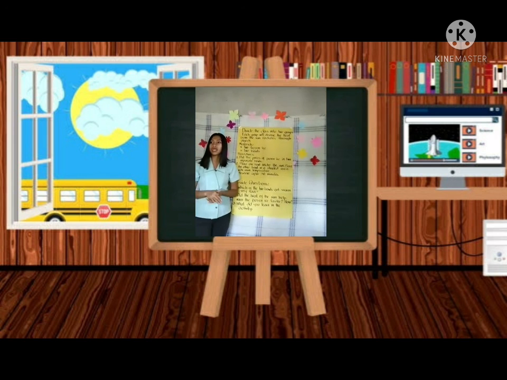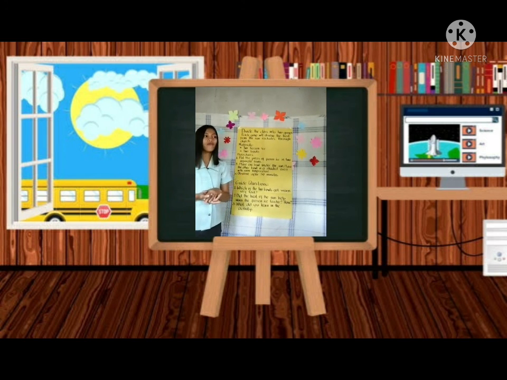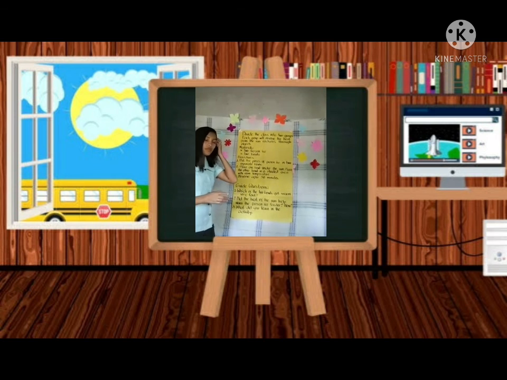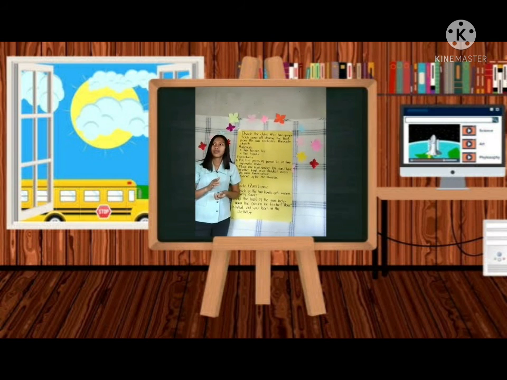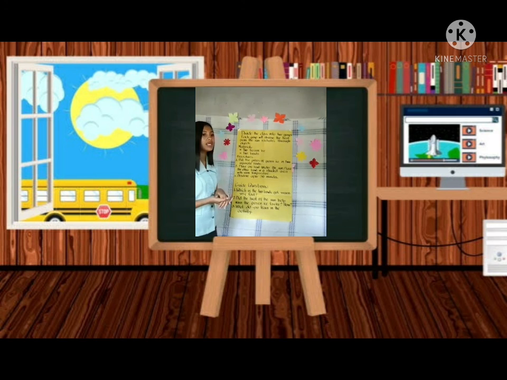So there are many sources of heat. The heat from the sun is a natural source of heat. Okay, very good. Let's proceed to the next activity.